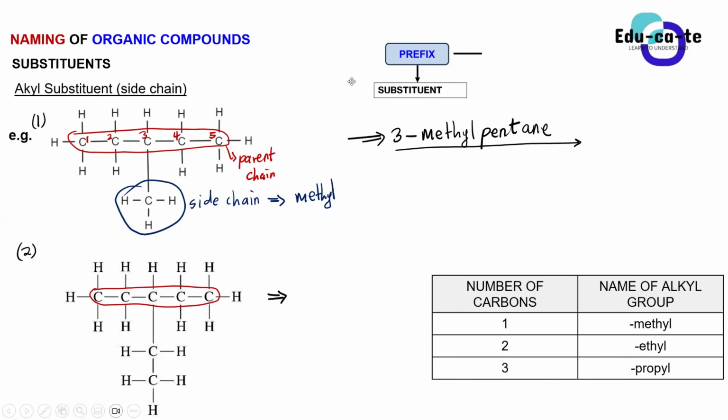Yes. So before going into the break, we're trying to name this compound. What name did you find, guys? How can you name this compound? Yes, I can say it's 3-methyl. 3-what? 3-methyl.